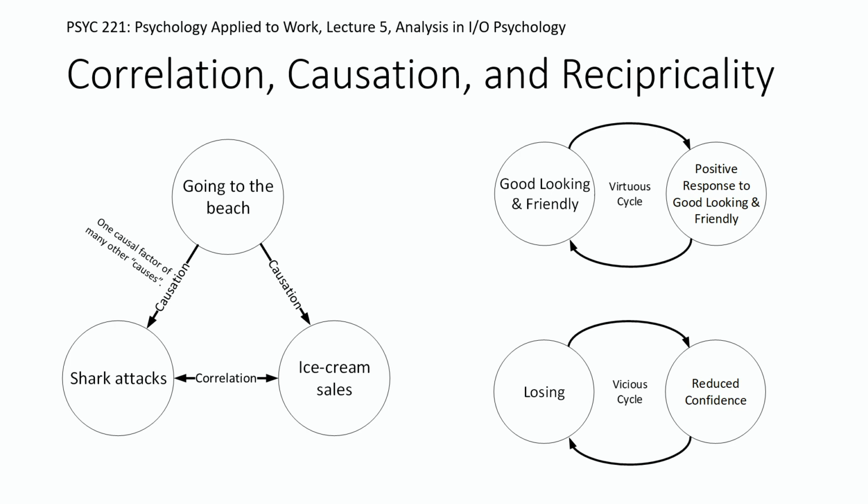Now, let's look at the flip side of that. So that's a virtuous cycle. But there's also vicious cycles, and sometimes people call them circles. If you're playing in some sort of competition, and it could be a team sport, it could be chess, it could be whatever, you're doing something that involves some variability, and you're competing, and you lose.